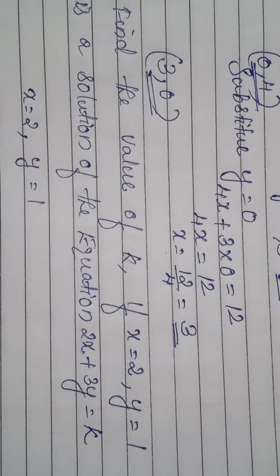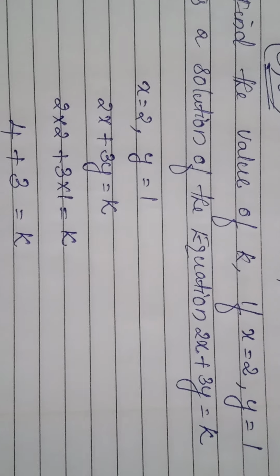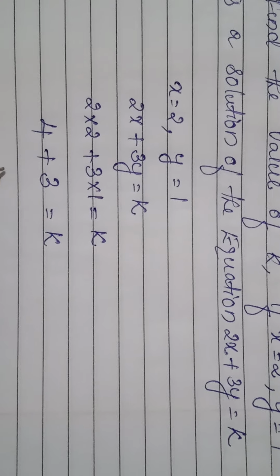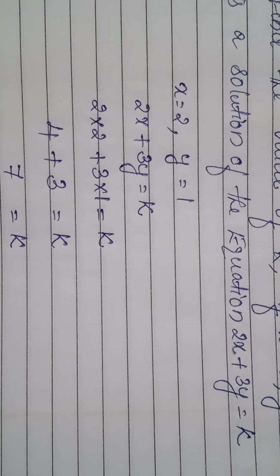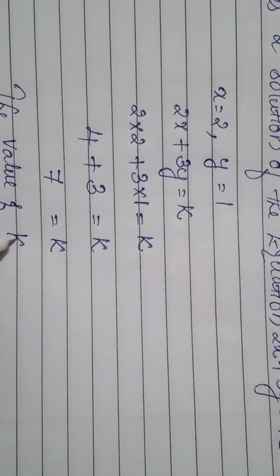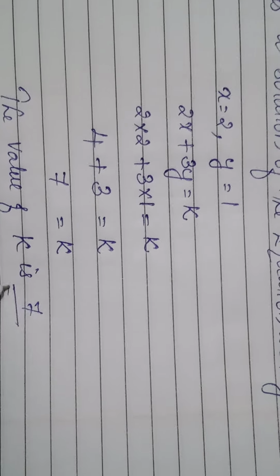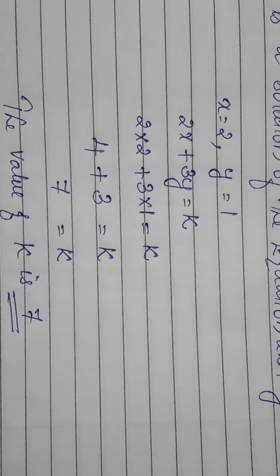So 2 into 2 plus 3 into the value of y, which is 1, equals k. 2 2s are 4. 3 into 1 is 3, equals k. Then 4 plus 3 we should add, then we will get 7. 7 is equal to k. Then the value of k is 7. Understood? This is a very easy question in linear equations in two variables. Understood?